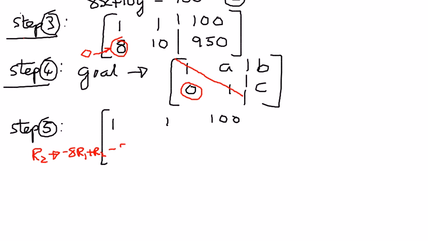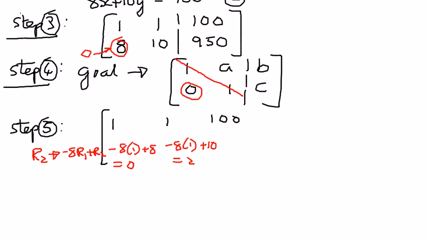So minus 8 times 1 plus 8, so negative 8 plus 8 is going to be equal to 0. Negative 8 times 1 plus 10 is going to be equal to 2.